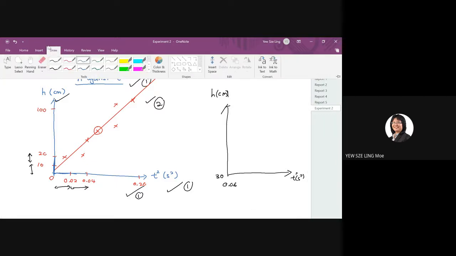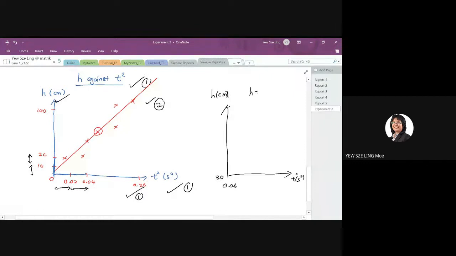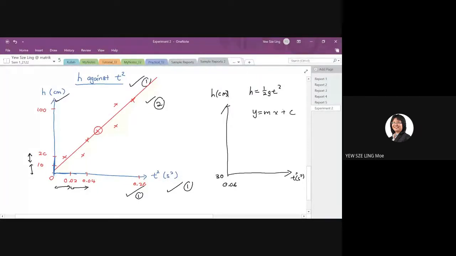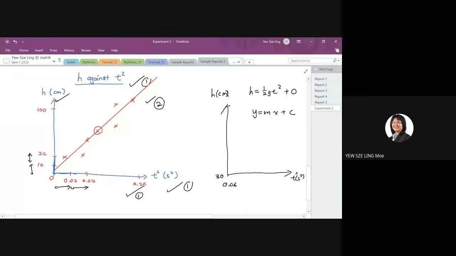Even though according to theory, when you compare h equals 1 over 2 gt squared with y equals mx plus c, it tells us that the graph theoretically should start from 0. But this is an experiment, so we don't bother whether your graph starts from 0 or not.